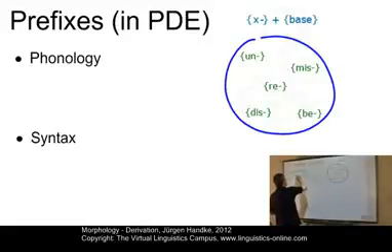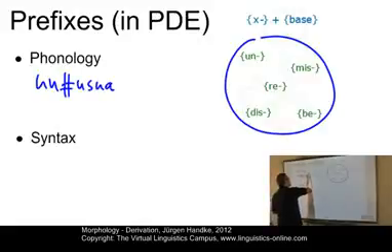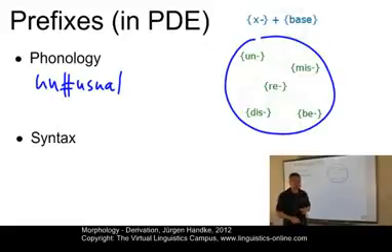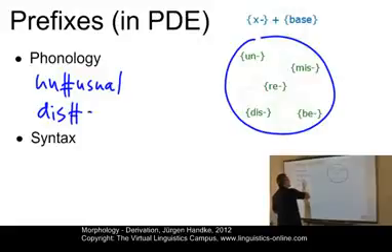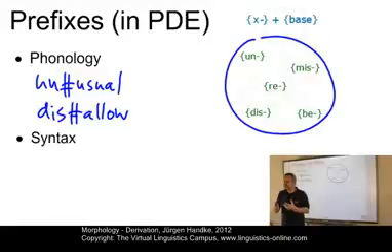In cases like unusual, you have usual, unusual, no stress change. In cases like disallow, you have allow and disallow. So really they're stress neutral, they're phonologically not really relevant.